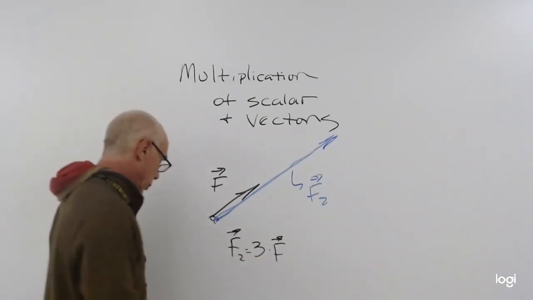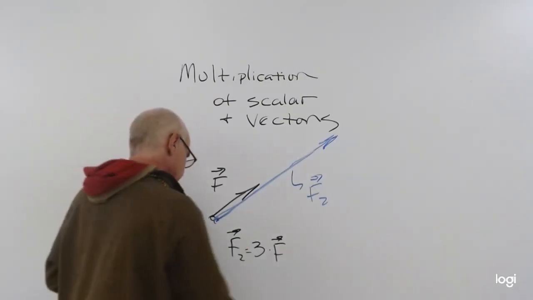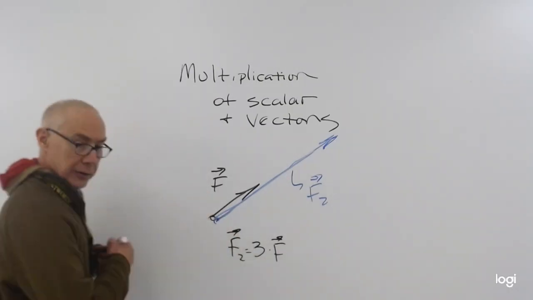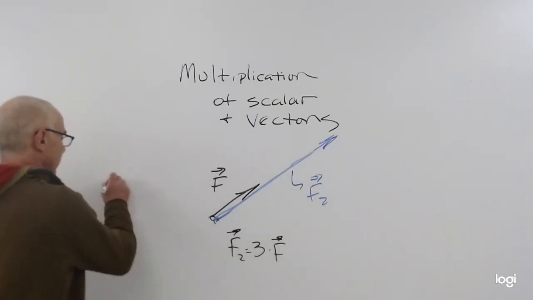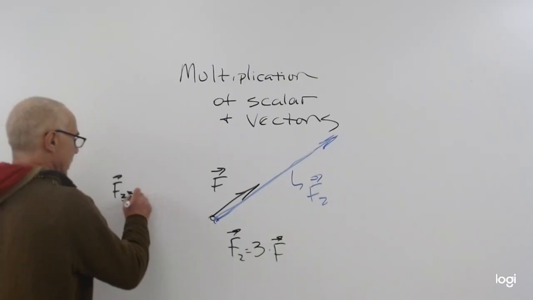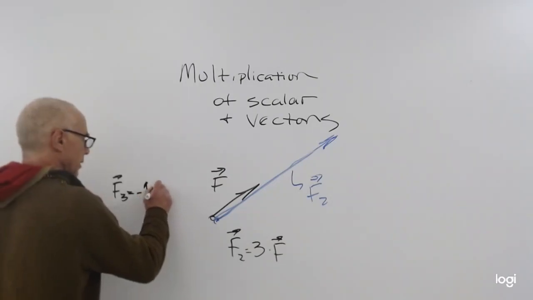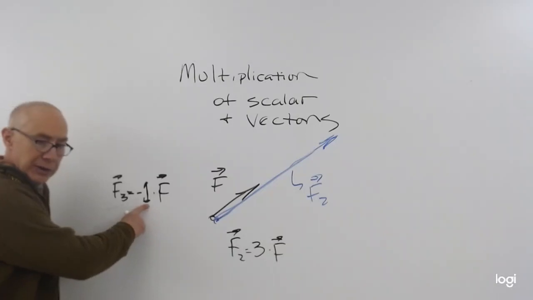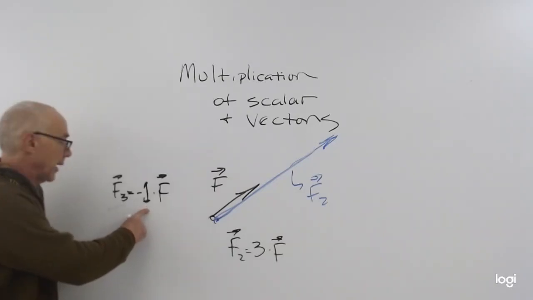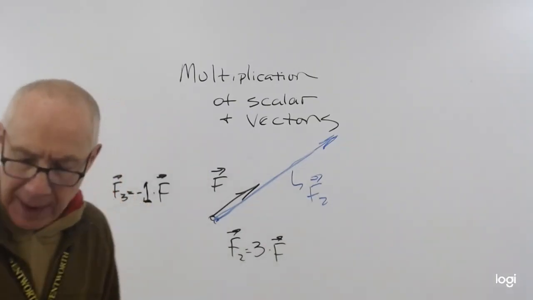Okay, now what would happen if we were to multiply this by a -1 value? And I'll put this over here, see if I'm still on the page. Yep. So I'm going to say F3 equals -1 times F. All right, so the magnitude is not changed because the absolute value of the scalar quantity is 1, so it's not going to change the magnitude.